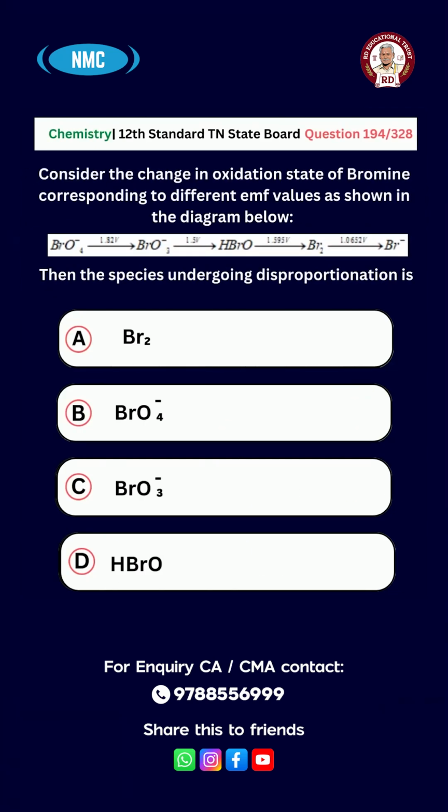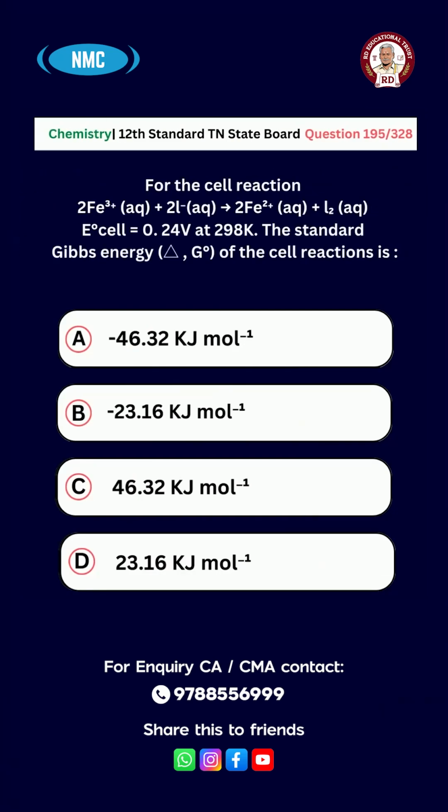Question number 194. Consider the change in oxidation state of bromine corresponding to different EMF values as shown in the diagram below. Then the species undergoing disproportionation is: Option A Br2, option B BrO4 minus, option C BrO3 minus, option D HBrO. The correct option is option D HBrO. Question number 195.